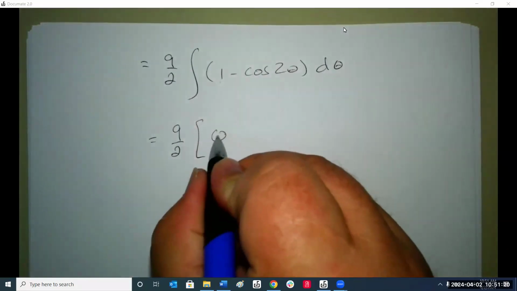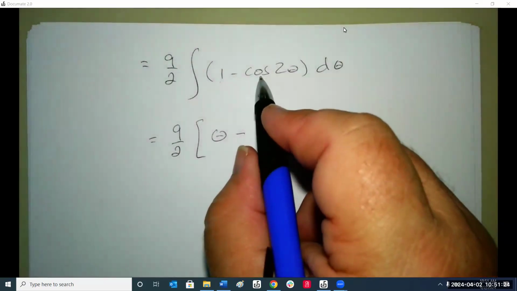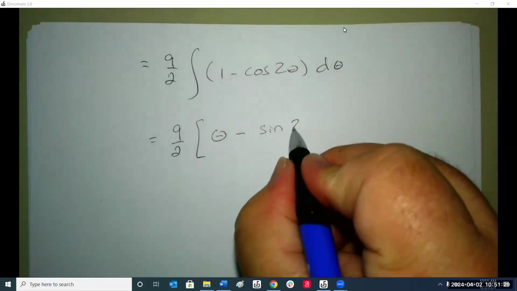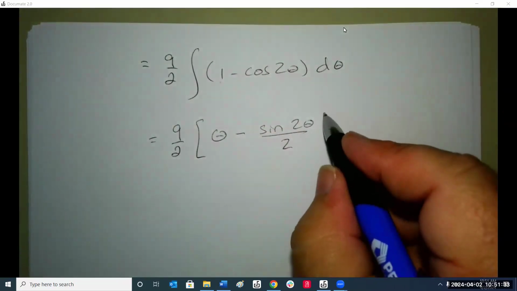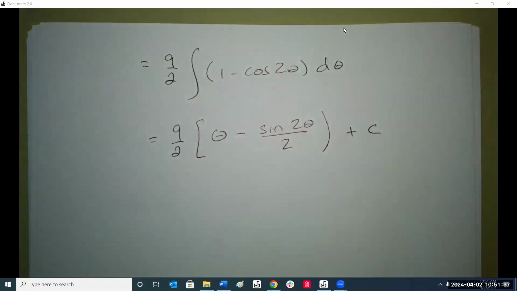The integral of 1 is theta. The integral of cosine 2 theta is sine 2 theta over 2. Plus our constant.